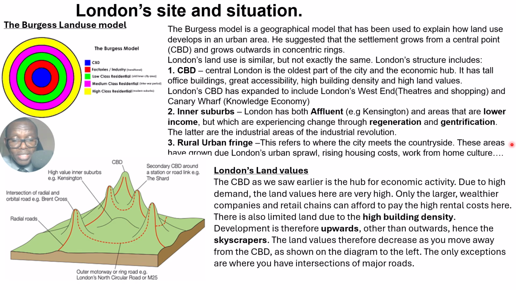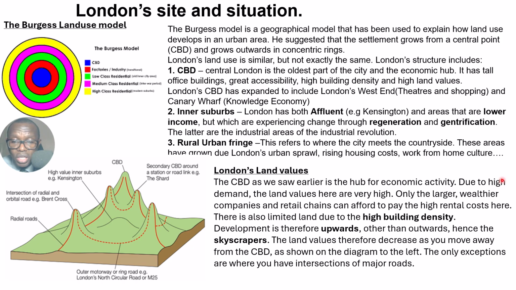Now, this next graphic here shows London's land values, and as you can see, the CBD, which is the center of economic activity, has the highest land values. It is the tallest here, so it means that the land values are highest here.